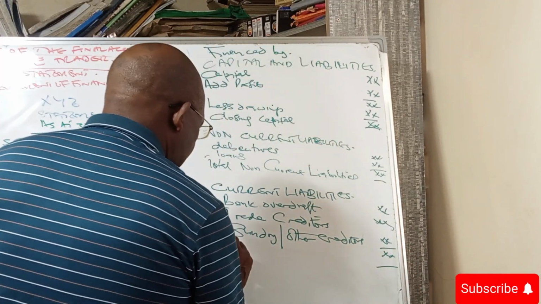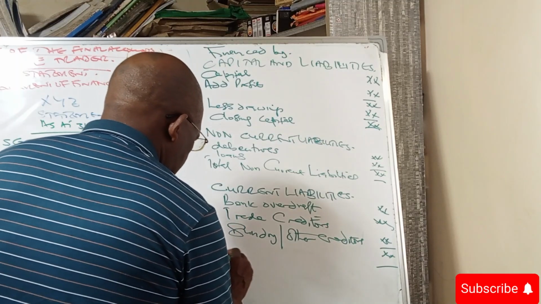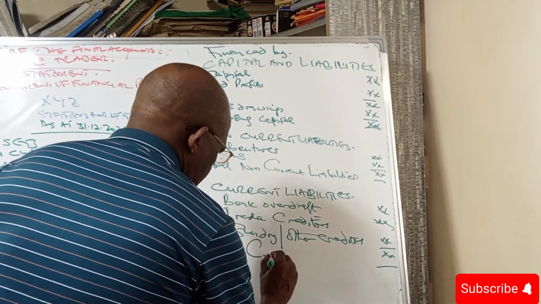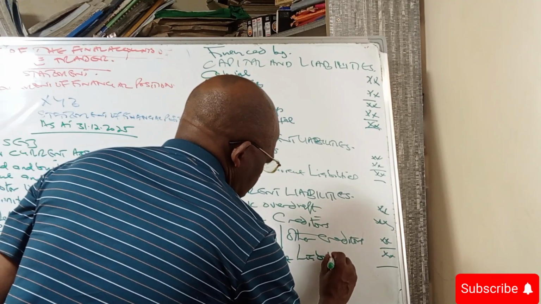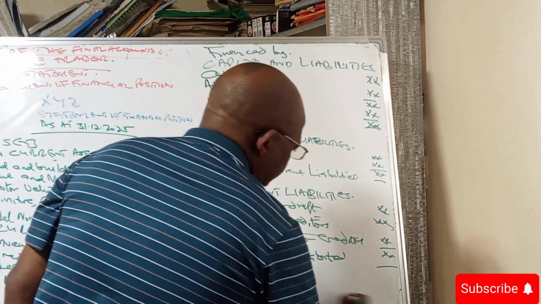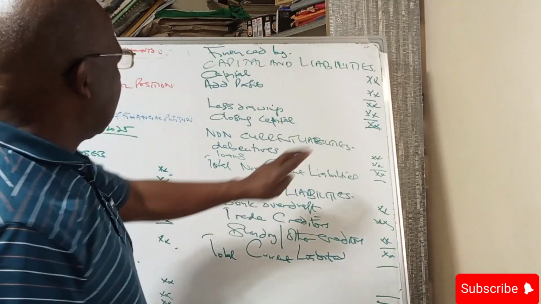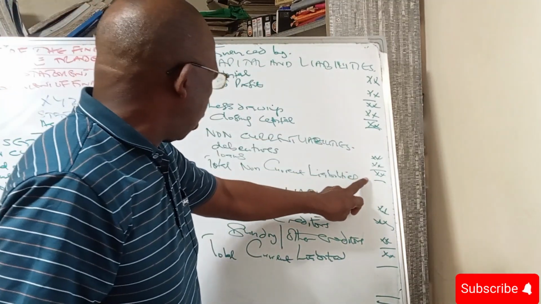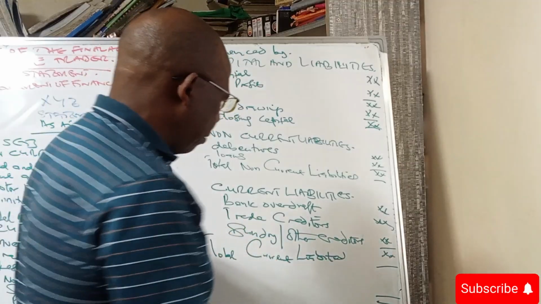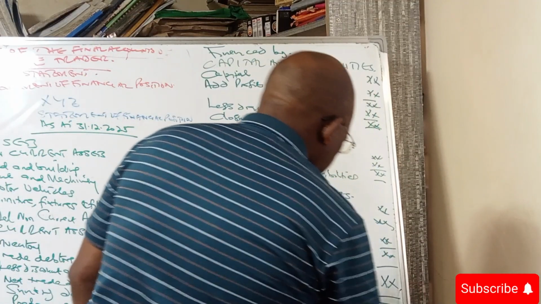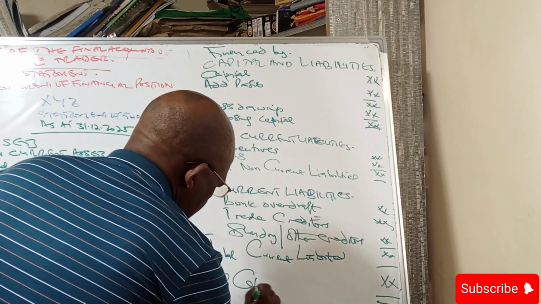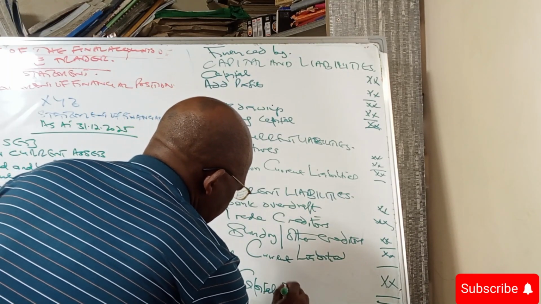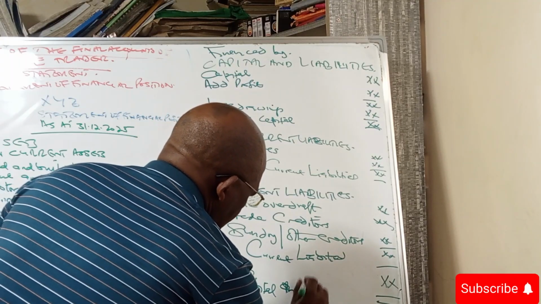So we say total current liabilities. Now you add the capital, the non-current liabilities, and current liabilities, you get total capital and liabilities.